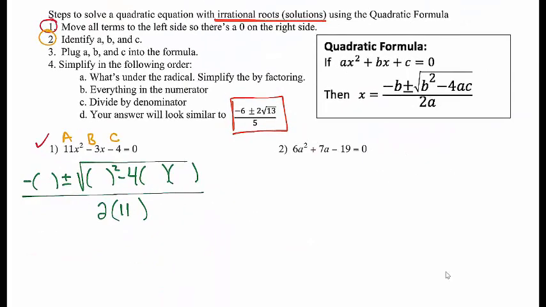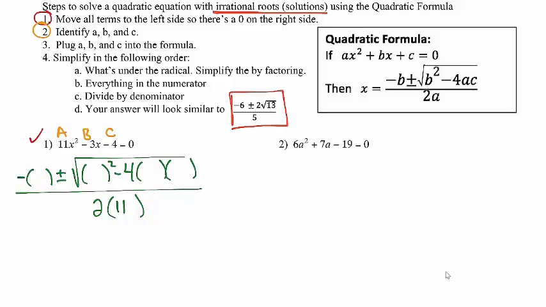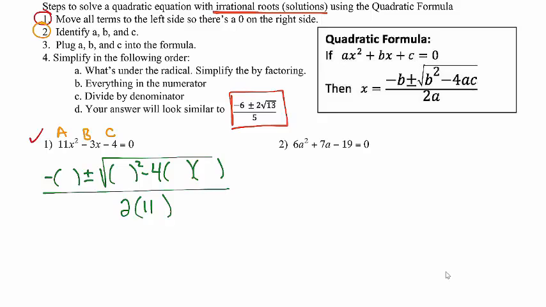And then just like we did before, we are going to plug it in after we write the equation. So I wrote the blank formula, right? I took this and I wrote it out with parentheses.